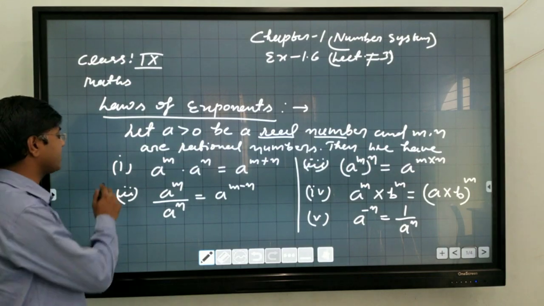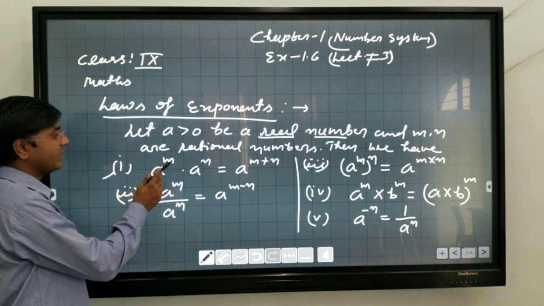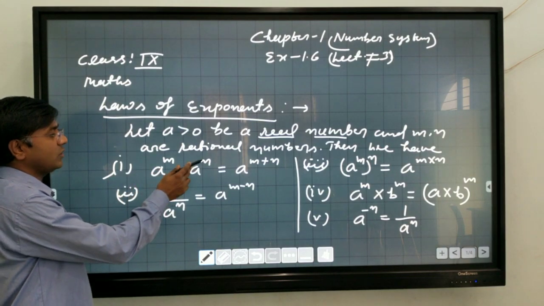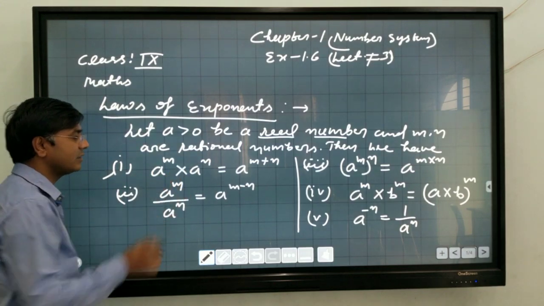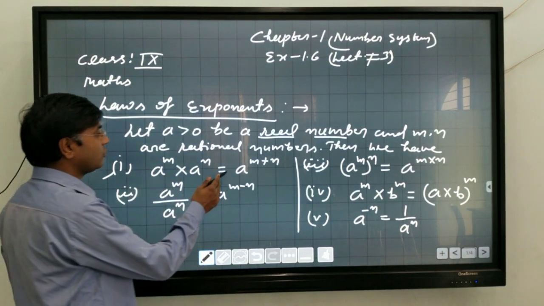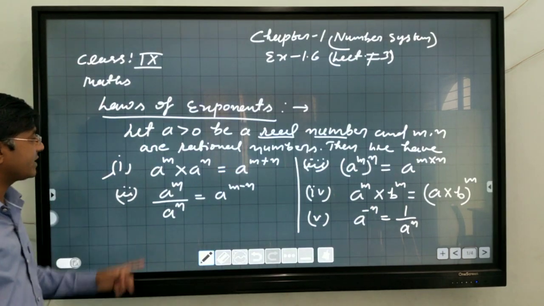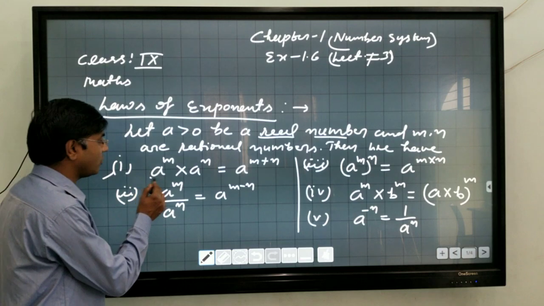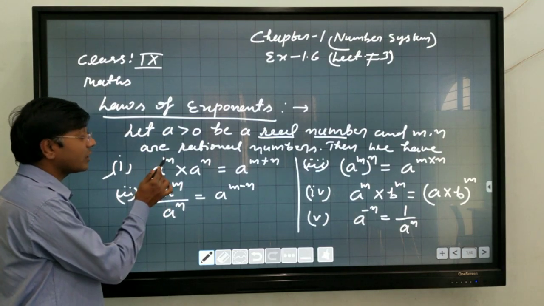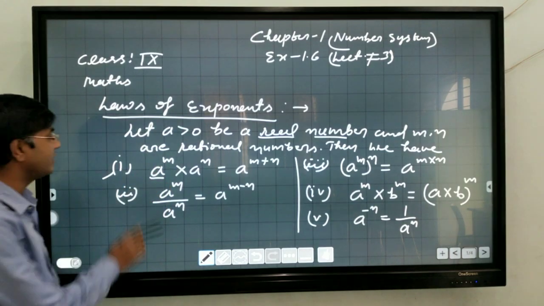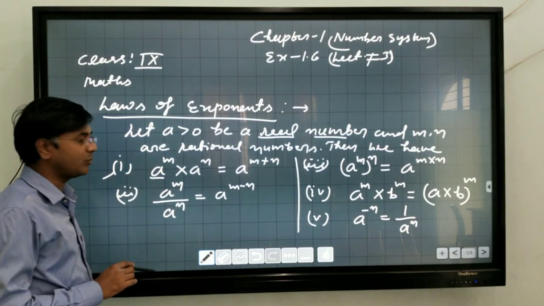Rule number one: a raised to the power m into a raised to the power n, where into means multiply, equals a raised to the power m plus n. Here a is called the base and m is called the exponent.